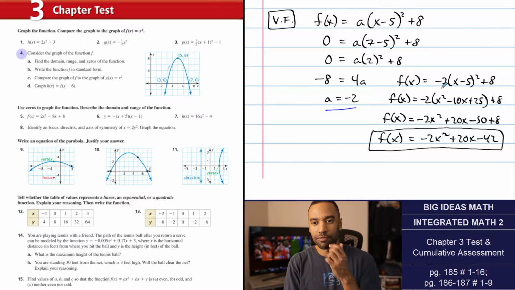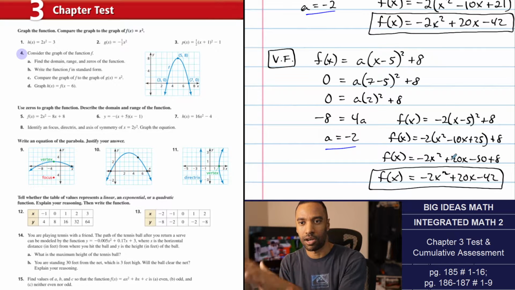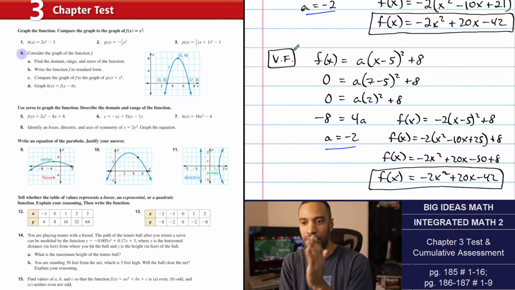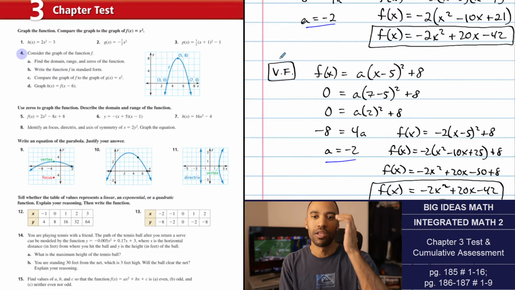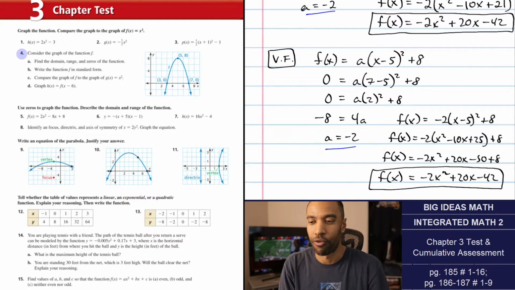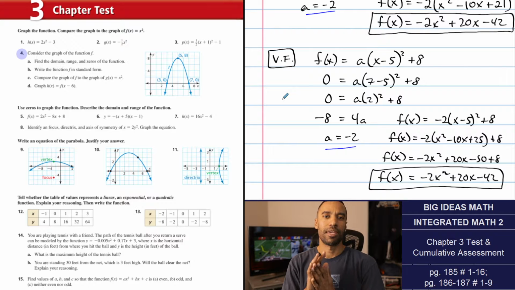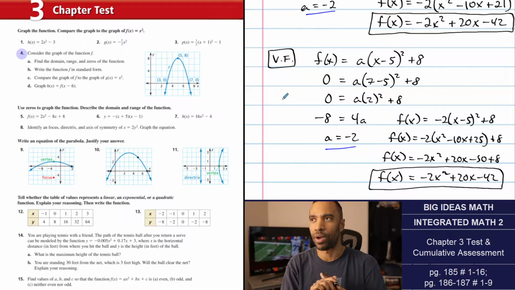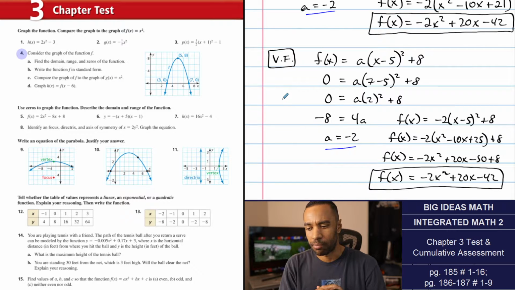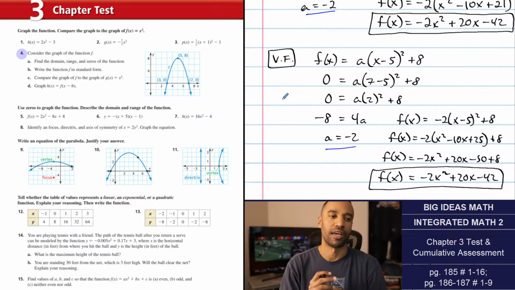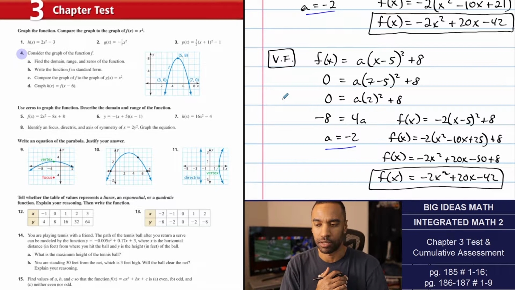Now, there's a third way of doing this. Sorry, here are the two answers. They're both the same thing, whether I use vertex form or factored form. There's a third way of doing this using standard form, and you're like, why didn't you do that first? Because it involves solving a system of 3 equations, and we haven't done that together in any sort of way with videos and such.